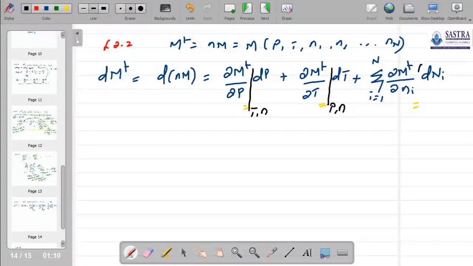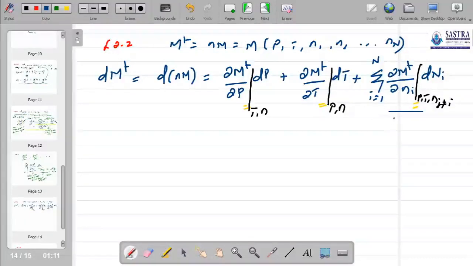Now if you extend that logic here, P and T are constant, but remember it's not N here, it is N_j, j not equal to i. Everything other than the i component is held constant. Let me explain this further.